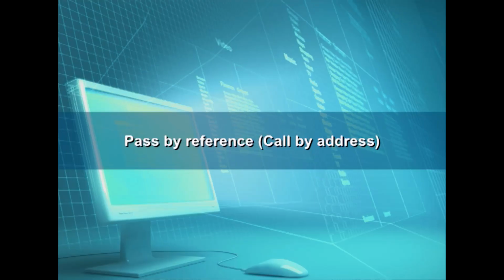Thus, passing by value is restricted to a one-way transfer of information. Passing by reference, or call by address: when the address of a variable is passed to a function as an actual argument, the address of the actual argument is transferred to the function, where it is received in a pointer variable.